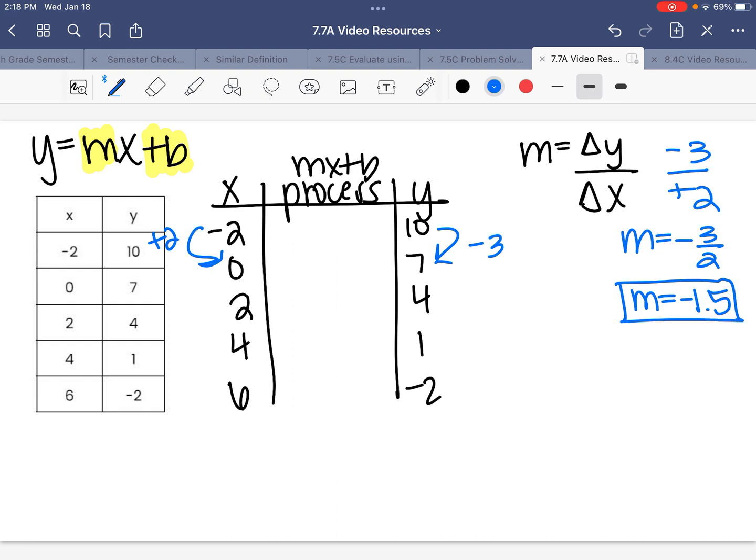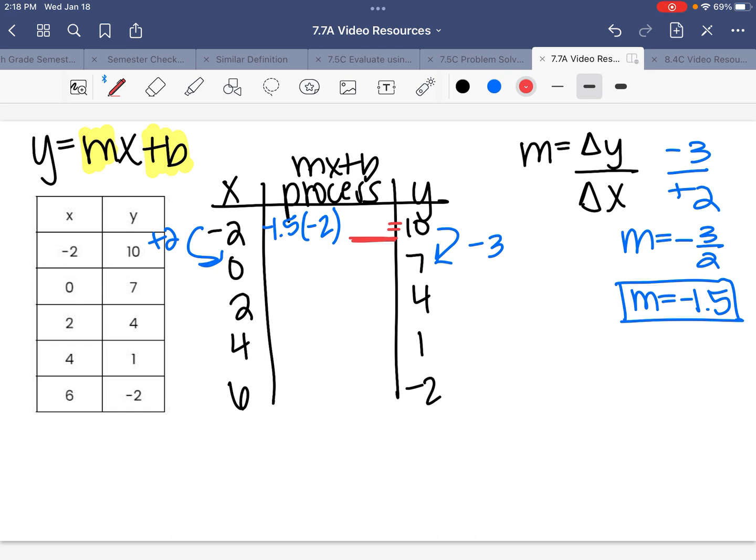Once I know the rate of change, I can go look at the process. So if I have negative 1.5, which is that rate of change, and I'm multiplying it by the input of negative 2, I need to know how to get from there to 10. A negative times a negative will give me a positive.